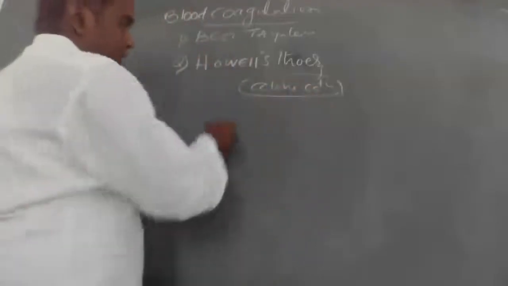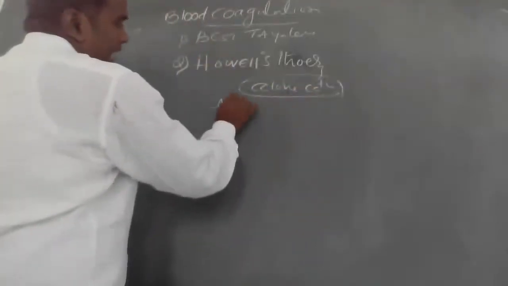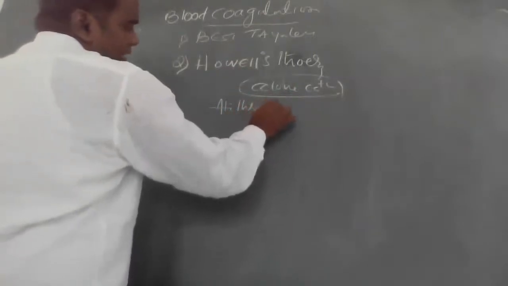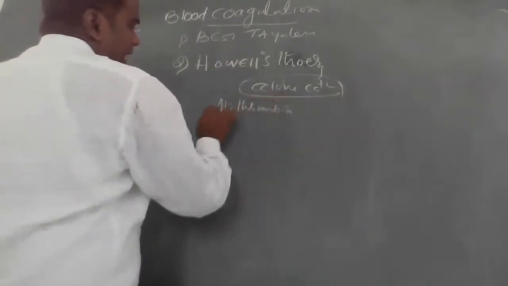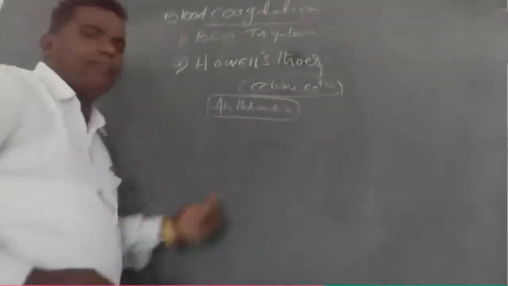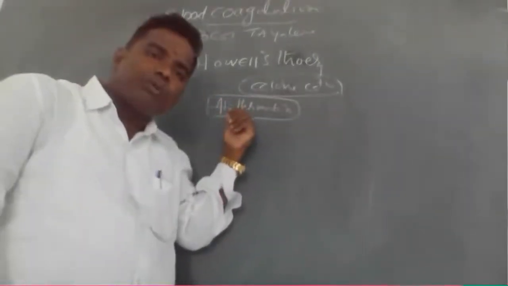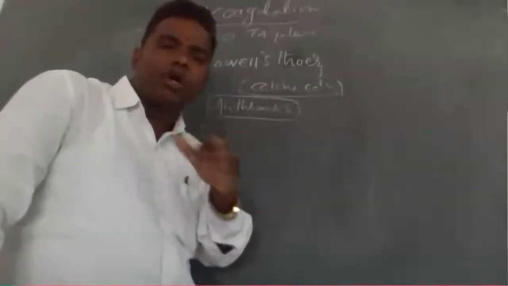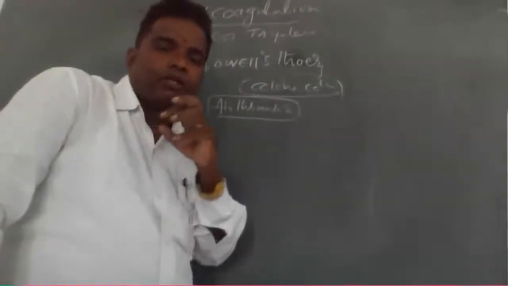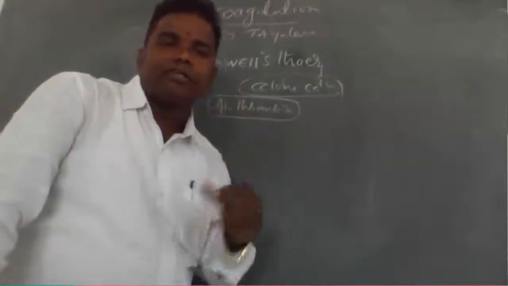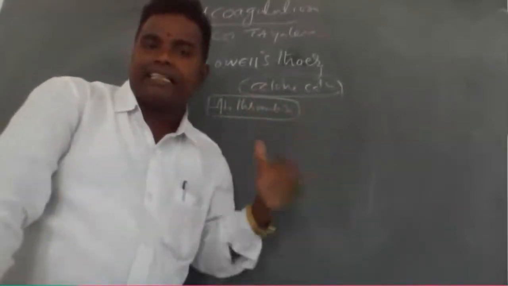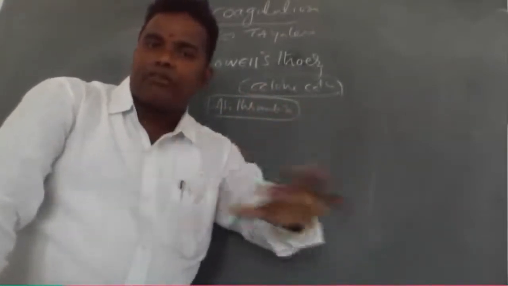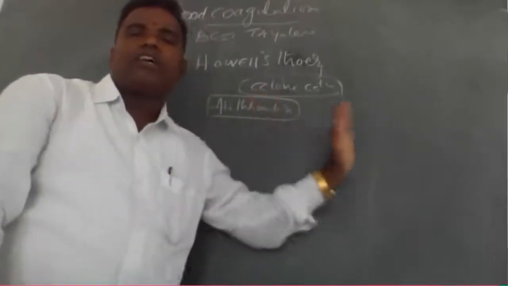Because in the blood, antithrombin is present. This antithrombin prevents the conversion of prothrombin into thrombin, so the thrombin should not be activated. If antithrombin is present, thrombin should not form and prothrombin should not convert into thrombin.